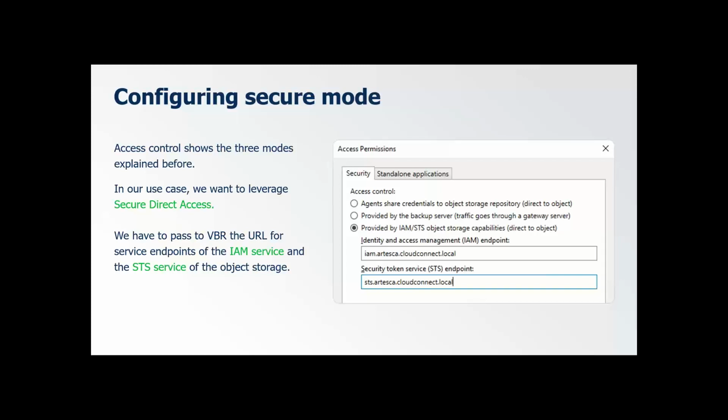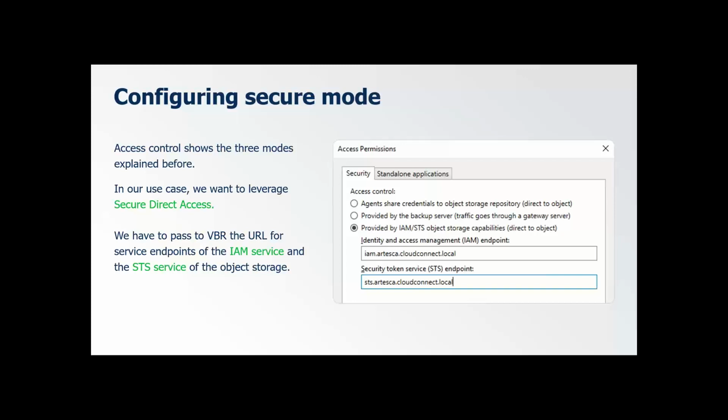The second option is the secure indirect access. That is, data goes through the gateway server. And we have the third option, which is the security provided by IAM/STS storage capability.